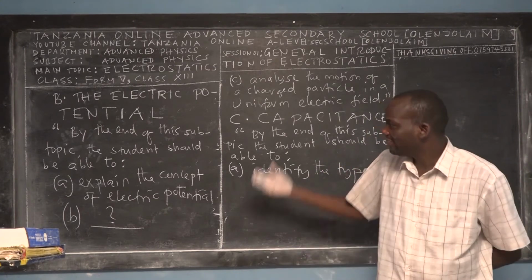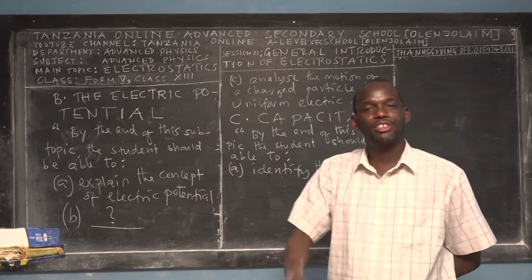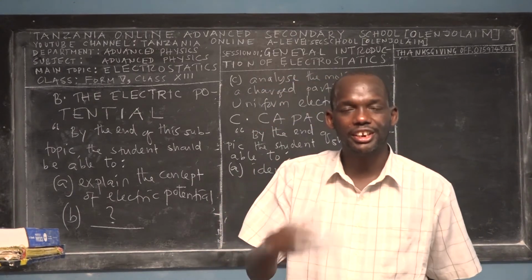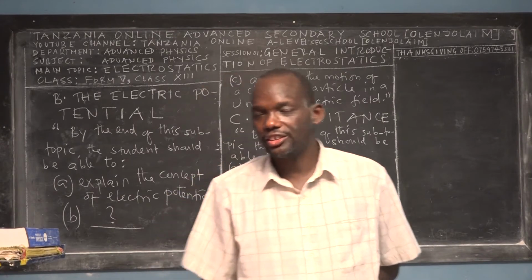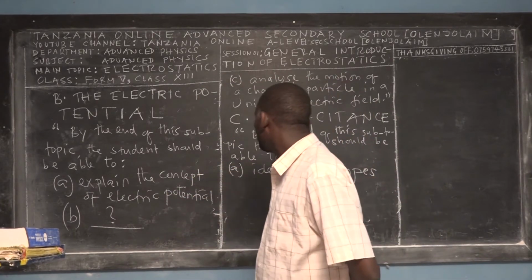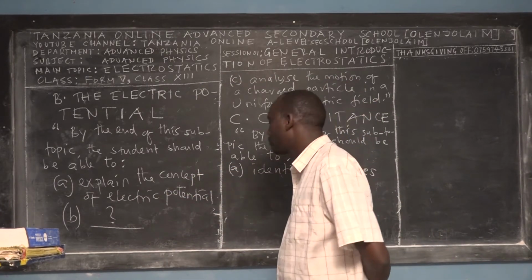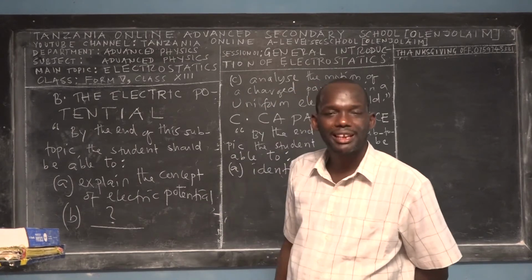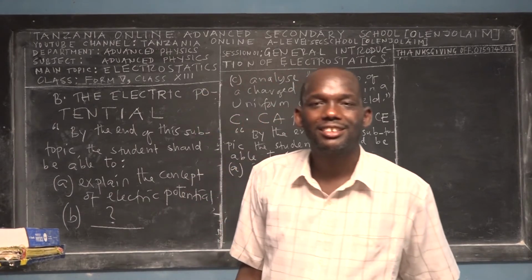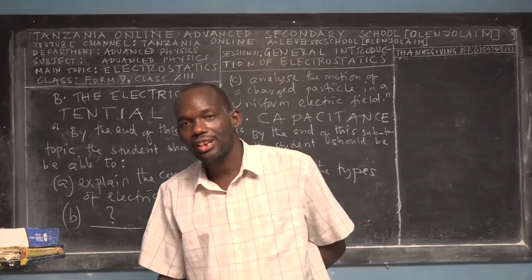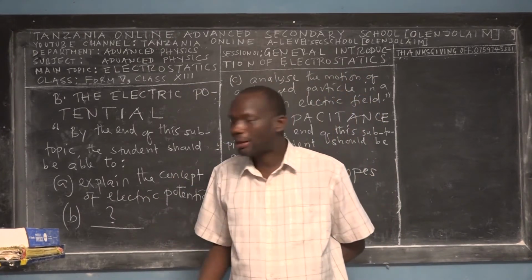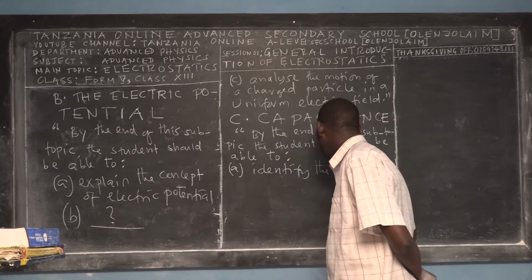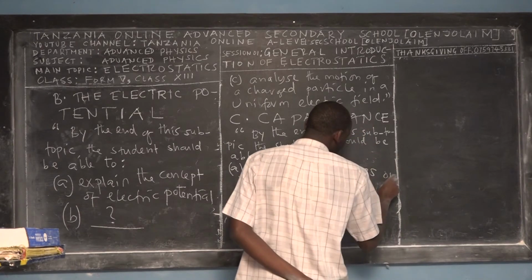So in electronics, we have a special study of discrete components. These are called passive components, basically: resistor, capacitor, and inductor. So I have many types and examples of capacitors. So we say, identify the types of capacitors.